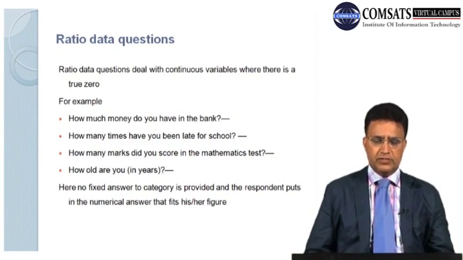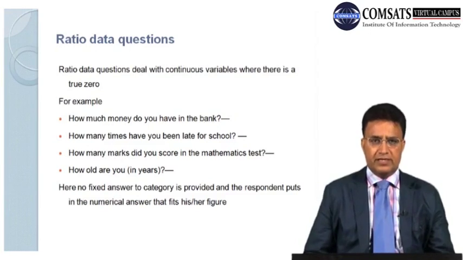And how many marks did you score in the mathematics test? Different students would have scored different scores in the exam. How old are you in years? This is another type of ratio question where different respondents may have different ages.